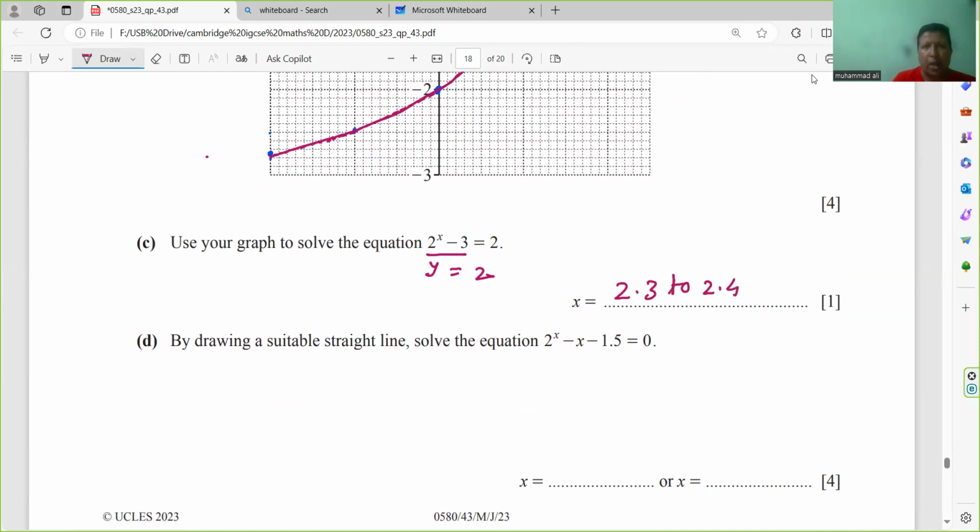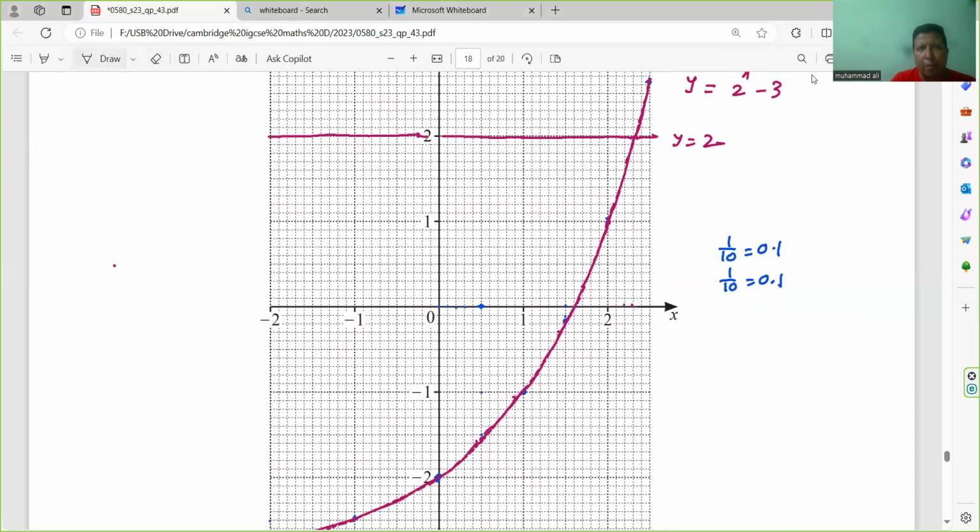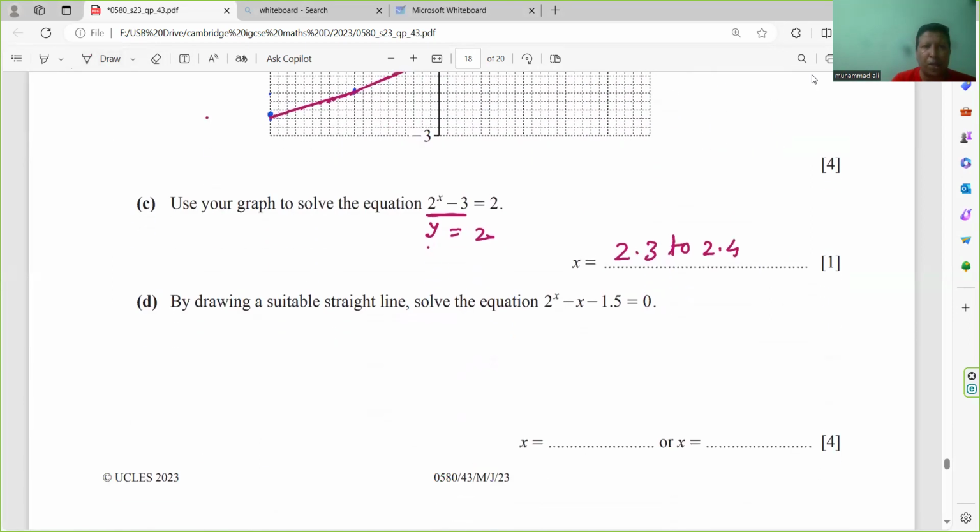Again, I say, instead of this you can write the line y equals 2. Where this line meets the curve, the x value is the solution. So you can write 2.3 to 2.4. So part C answer is completed.